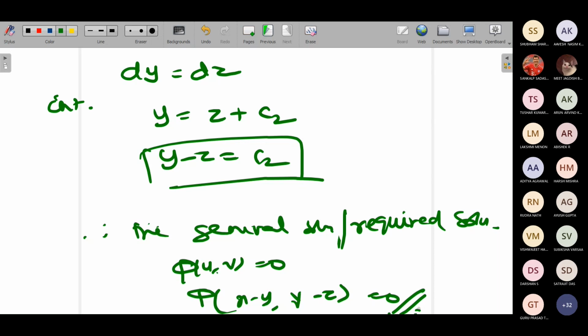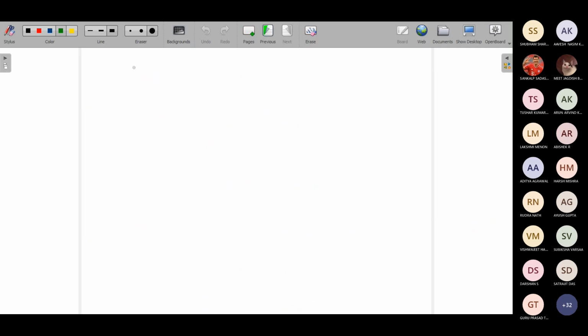Find the solution of y square z by x into p plus xz into q is equal to y square.